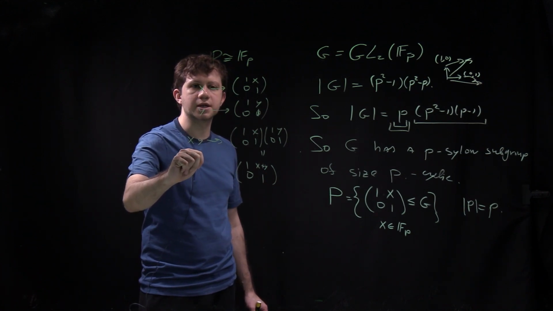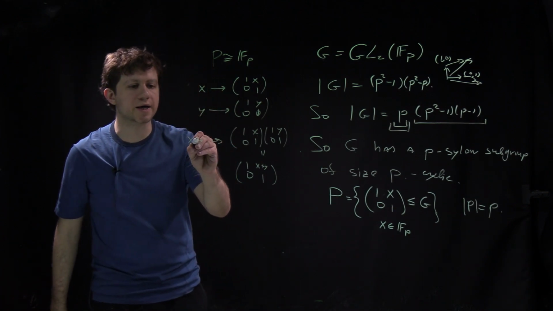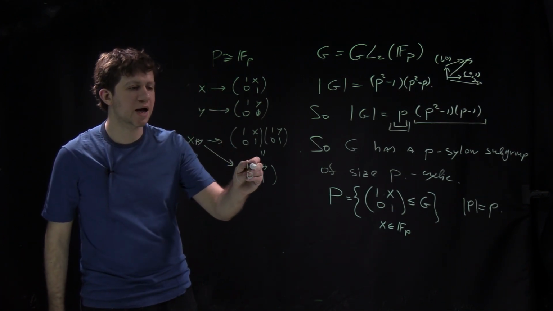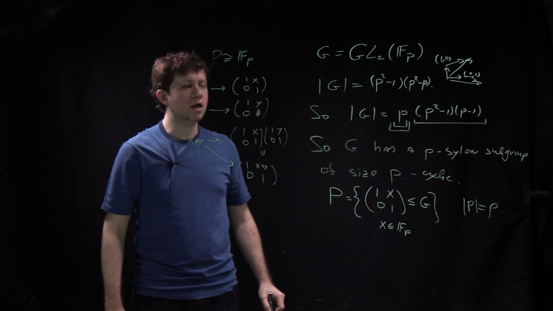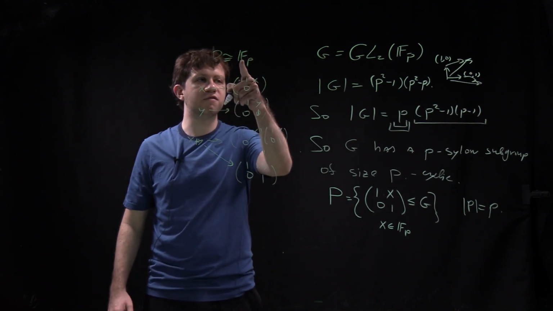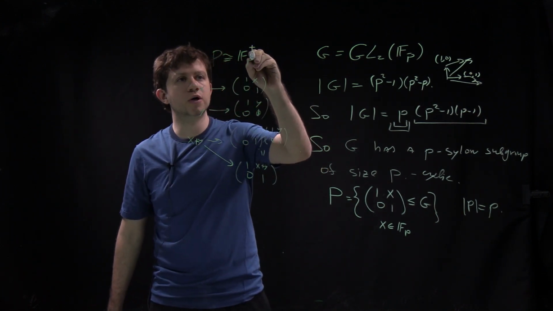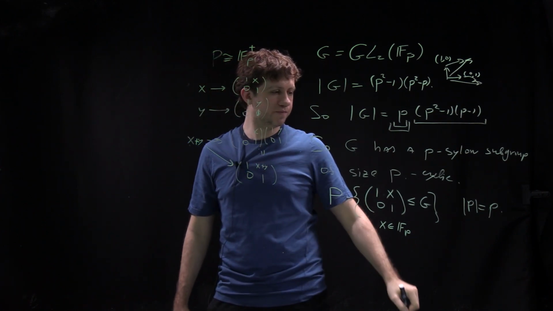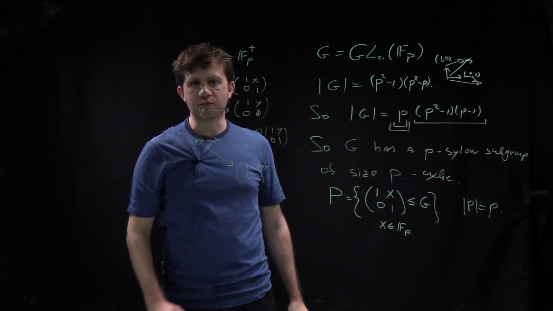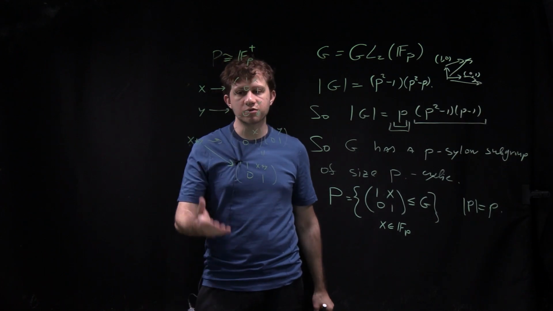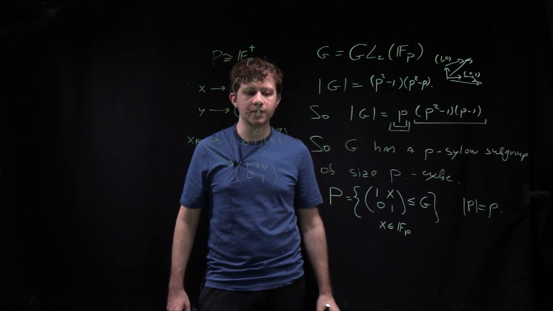Sorry, what I meant is x plus y goes to this matrix, which is exactly the product. So we have a homomorphism from Fp as an additive subgroup to P. So Fp's additive subgroup is of course cyclic. So that's one example, and that's interesting.